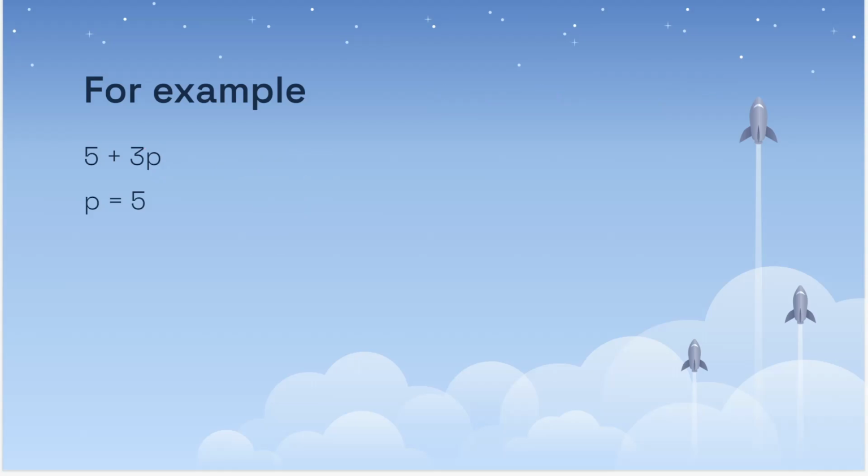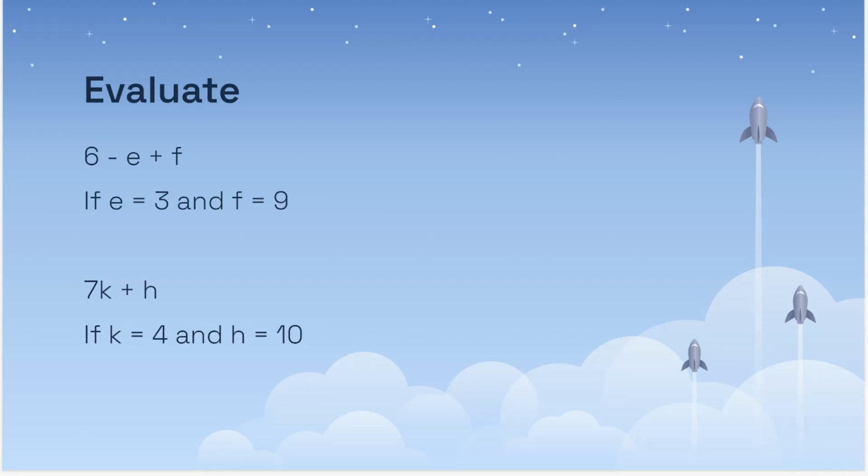Next, let's evaluate some more expressions just for practice. 6 minus e plus f if e equals 3 and f equals 9. So we can just rewrite this as 6 minus 3 plus 9.